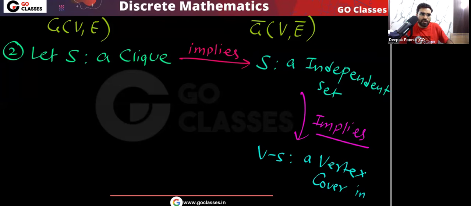So overall, what we got is that if S is a clique in G, then V minus S is a vertex cover in G complement. This is the conclusion we got.